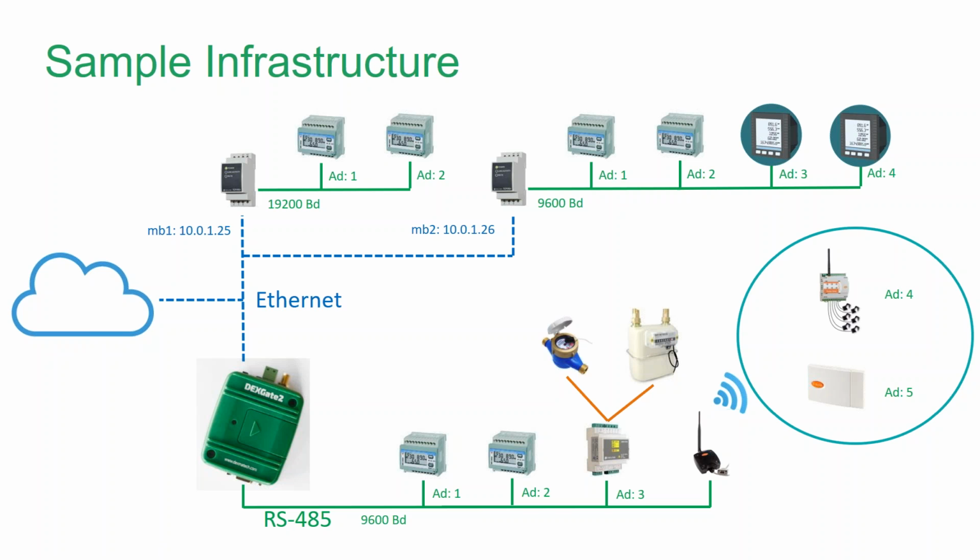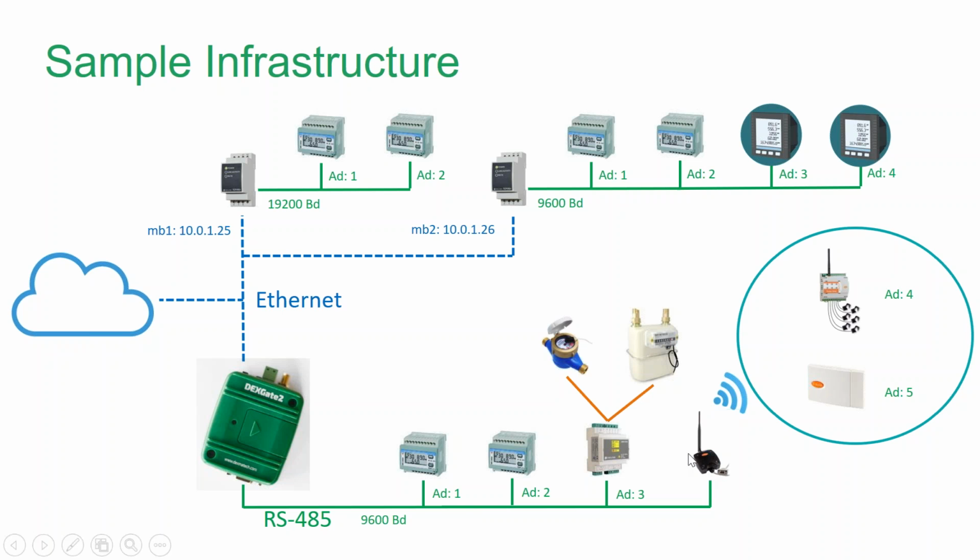Can I connect all these together? Yes. And today we are going to show you how to configure a Modbus gateway to read all the devices of your building. As you see, these wireless devices are in fact wireless, but this point is wired to the gateway.